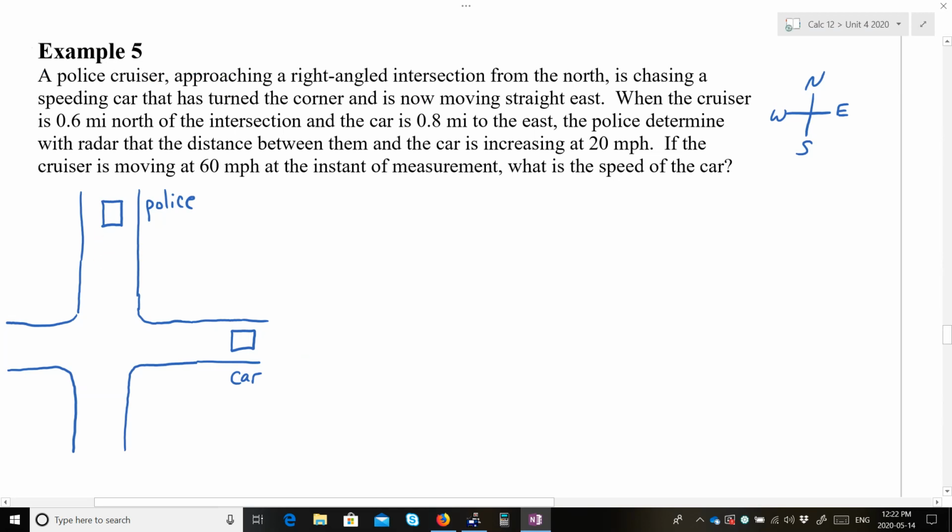Okay, and so here's what we're going to have to do ultimately, guys. We set up a triangle like this. They're talking about this straight line distance increasing, and this is the y distance that the police would have to go and the x distance that the car is going.